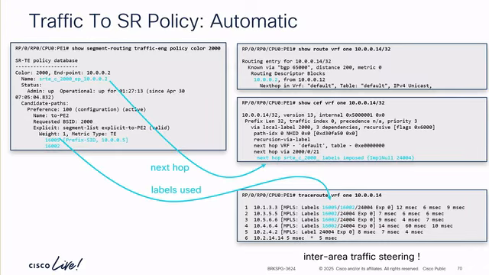In the end, show CEF, again, you see there the service prefix maps to a next hop, which is actually a policy. So now we know, if you look at the labels, when forwarding traffic, so for example, you do a traceroute in the VRF, that we use those labels of the policy. So the policy is working.